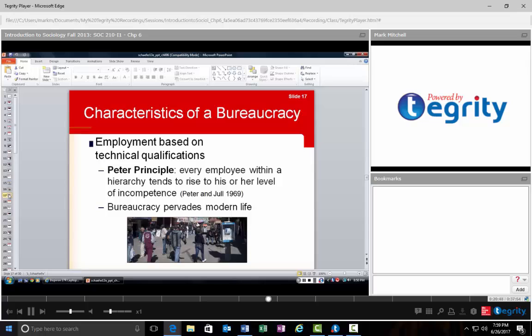It's based on the idea that you've reached your maximum level of competence. You can't really handle anything over that, and thus your promotion is over. This is a term that's pretty old, over 40 years old, but you're basically promoted to your top level of competence and then no more.